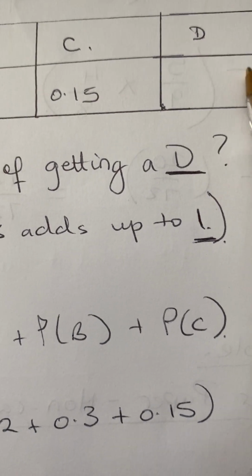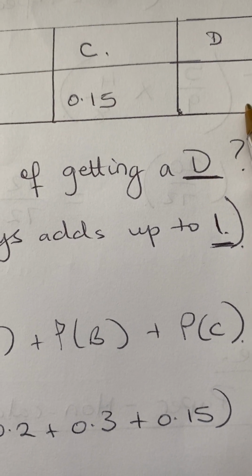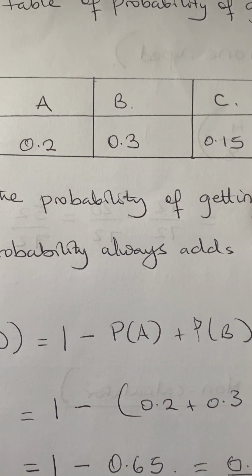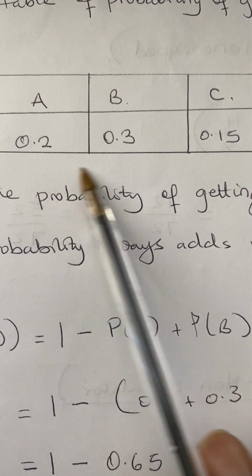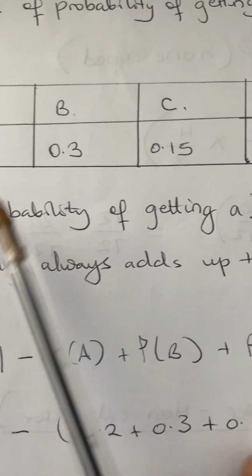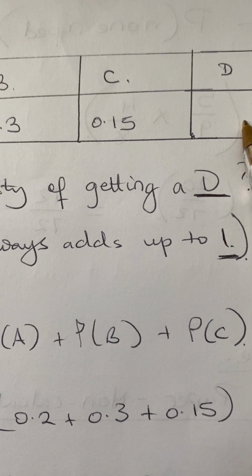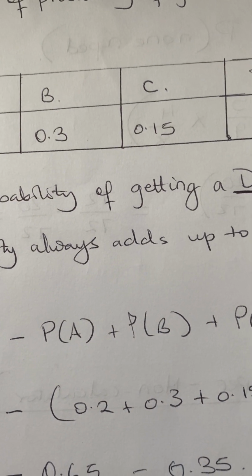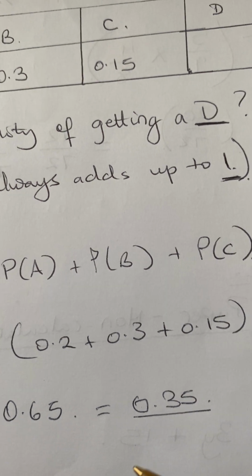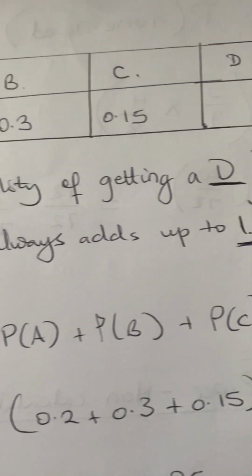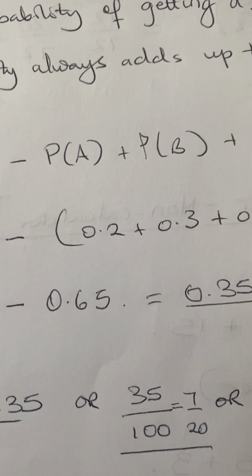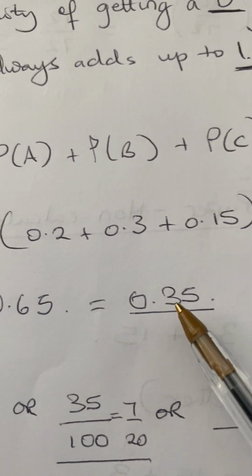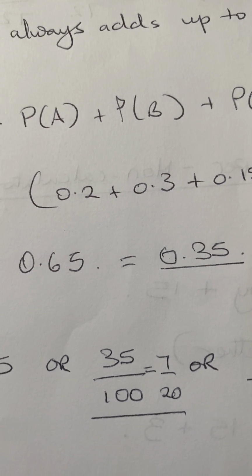So here, the probability of getting a D, according to this table, okay, if the values of A, B, and C are different, then D will be different, but I'll still have to add them and subtract from 1. So the probability of getting a D, according to this table, is 1 minus 0.65, which is 0.35.